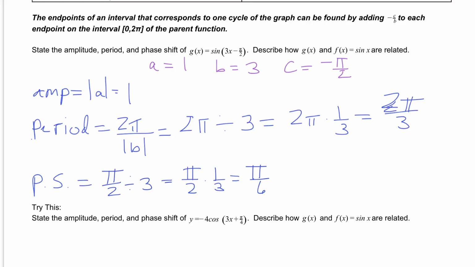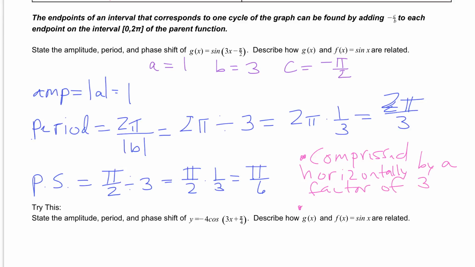Now what we need to do is describe how these are related to the sine of x. So first of all, since the amplitude is just 1, we have not stretched or compressed it vertically. Our period is 2 pi over 3, and because our b value is 3, that tells us that we have compressed horizontally by a factor of 3.